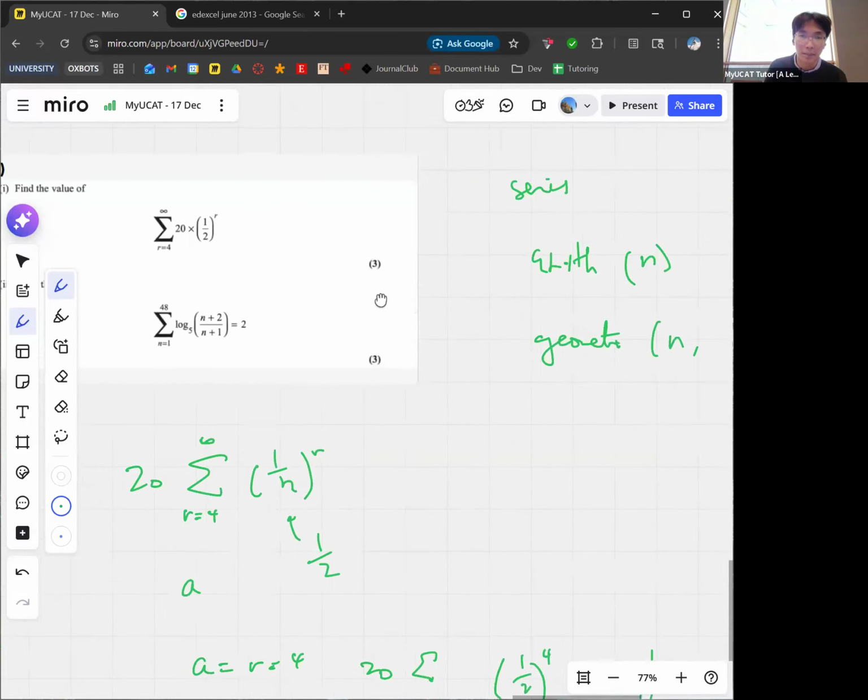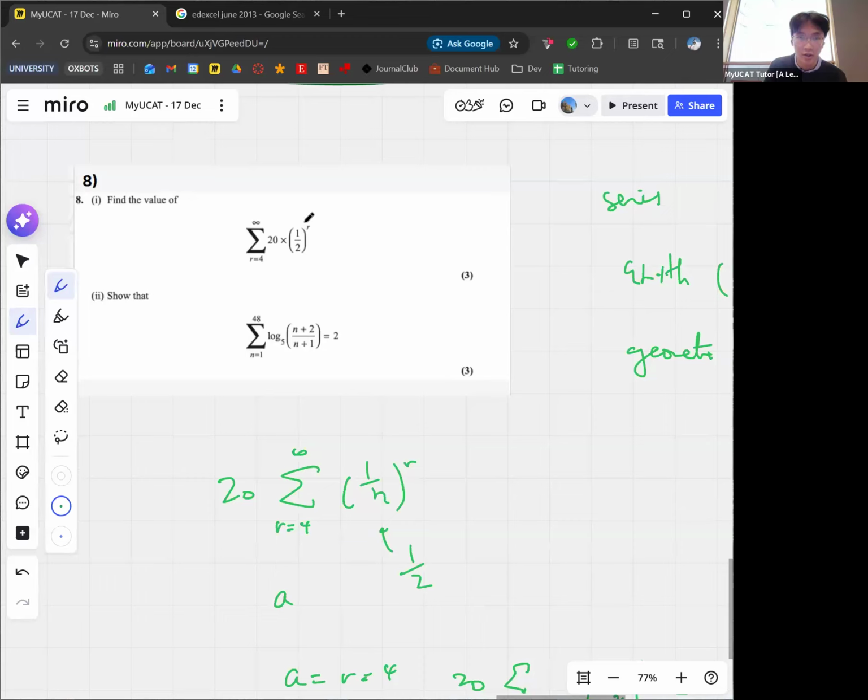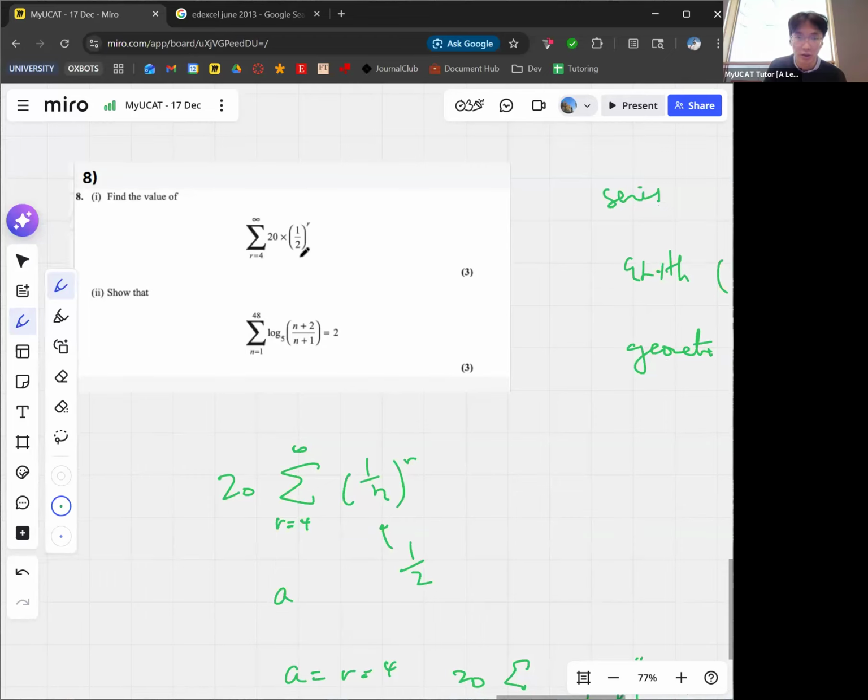In this case, your common ratio is actually r equal to a half, and this r should really be written as a k, just to not mix things up. But they've purposefully done that because each time you're multiplying by a half, so that's your common ratio.